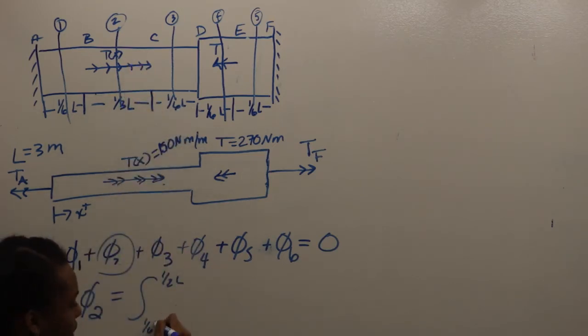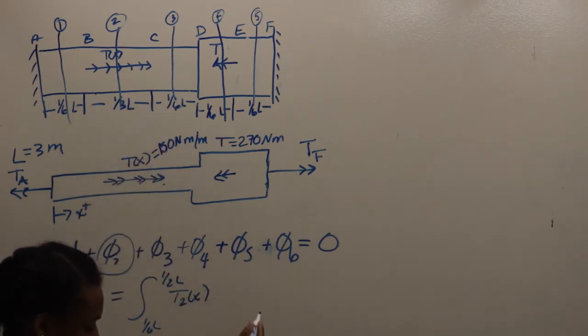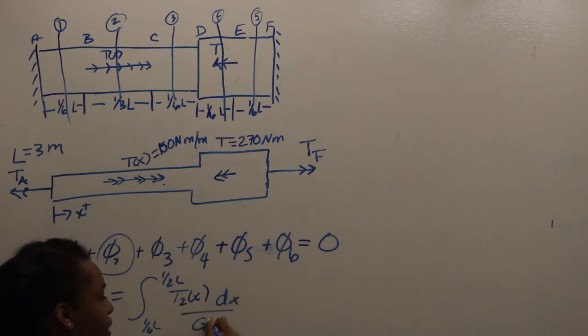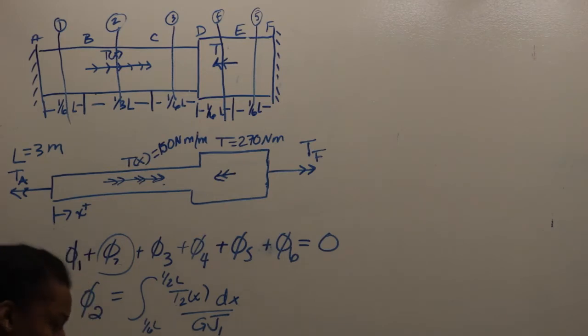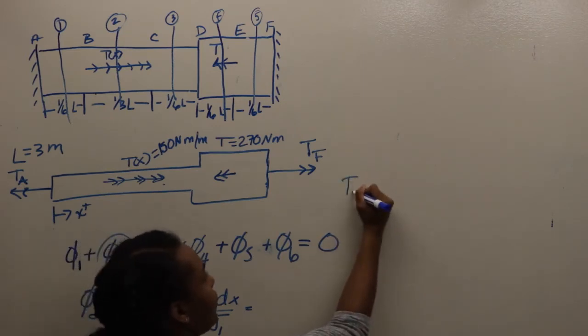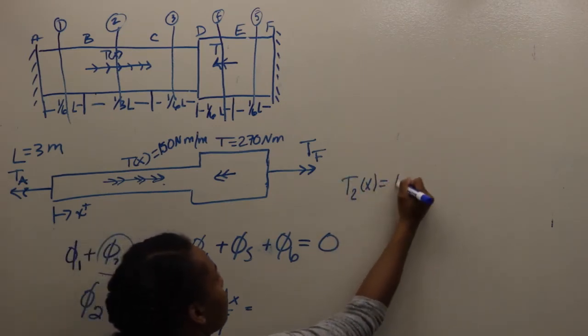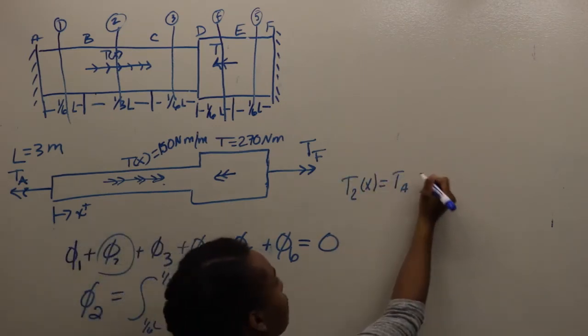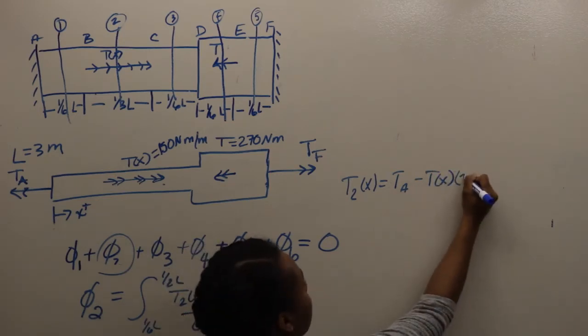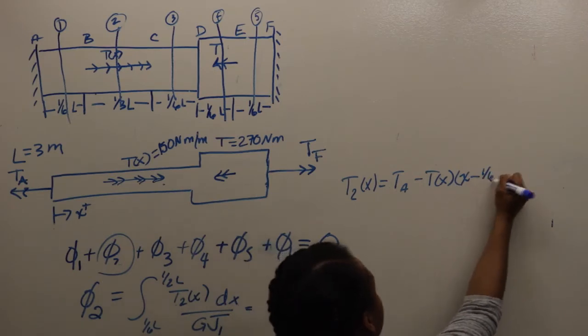And you will use T2 of X dx over G and polar moment of inertia J1. T2 of X, I just want to remind you, equals TA minus TX, X minus 1/6 L.